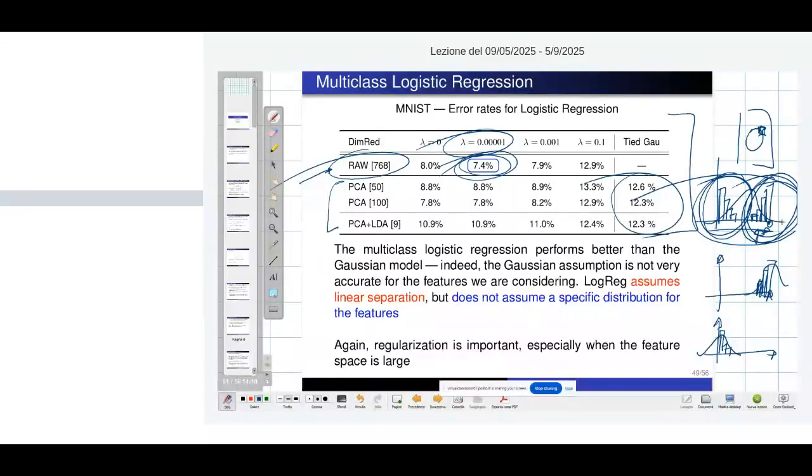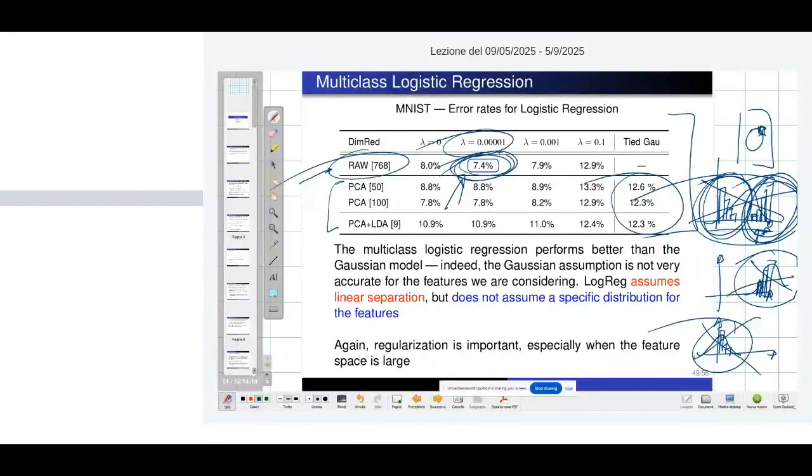Why? Because these are not that badly modeled as they may seem, but a model that does not rely on the distribution but optimizes directly the separation rule has probably more power to find a good separation rule without caring how the pixels are distributed among the different classes.